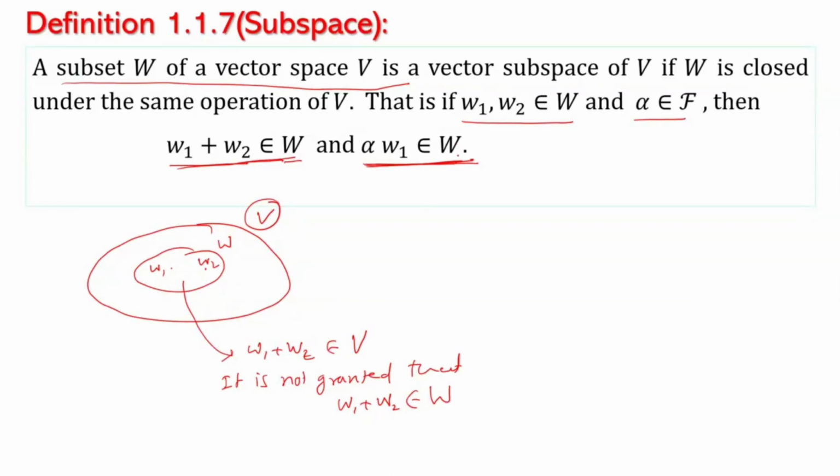Therefore, to show that W is a vector space, it is enough to show these two properties.